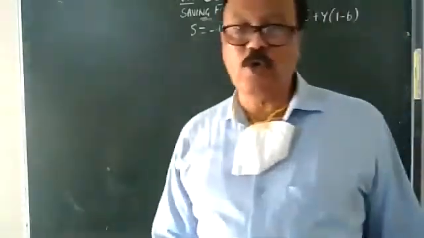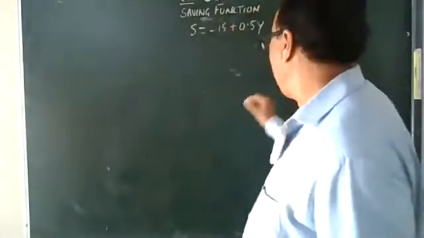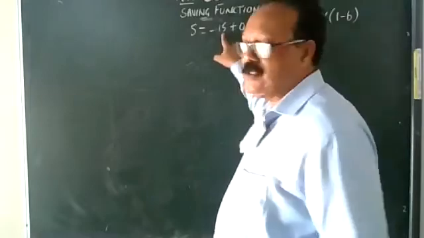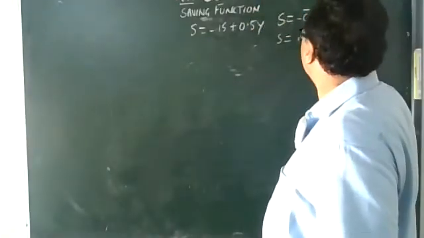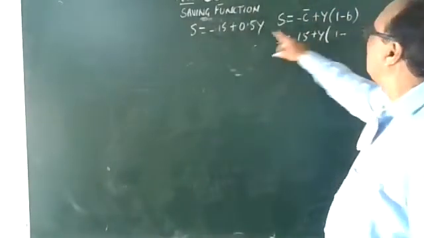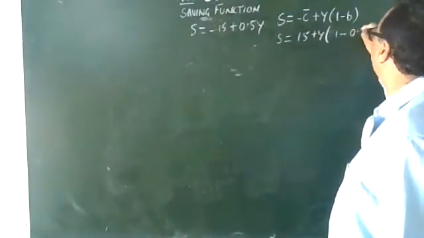Now we have to substitute these values in this formula. So S will become minus 15, that is the autonomous consumption, plus Y as it is, and 1 minus b is given as 0.5.